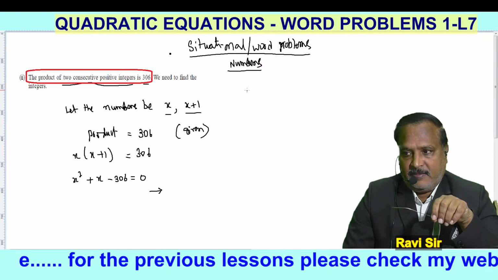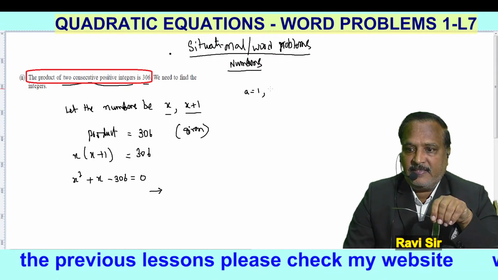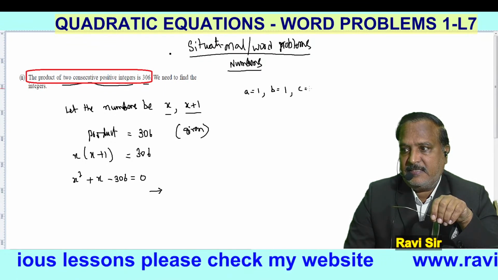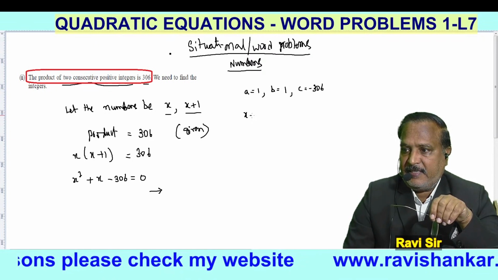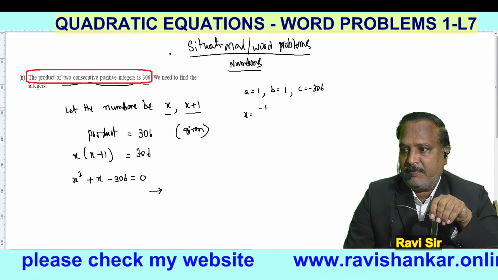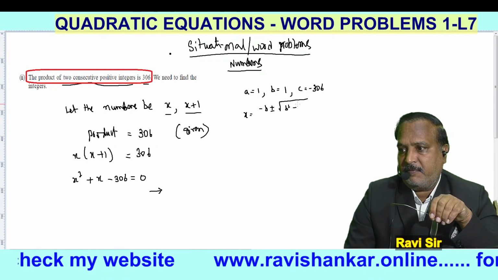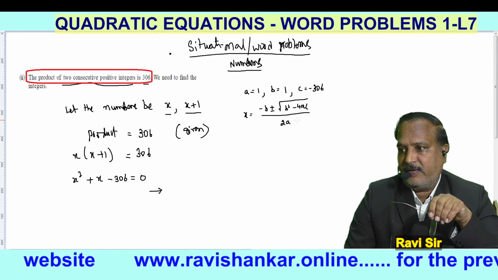I will be doing the formula method, because previously I did not do it. a is equal to 1, the x square coefficient is 1, b is equal to 1, and c is equal to minus 306. So x is equal to minus b plus or minus root of b square minus 4ac, by 2a. I am writing the formula for you.